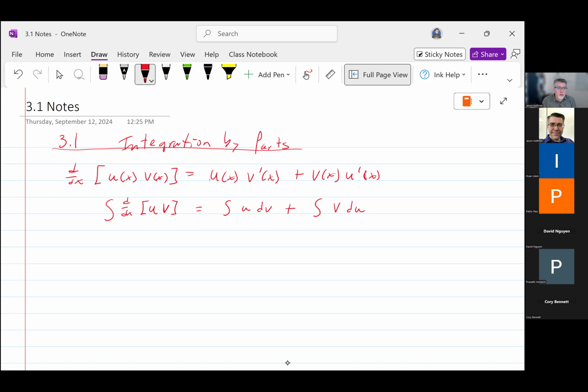The integral of u times the derivative of v plus the integral of v times the derivative of u. That comes to us from the product rule.